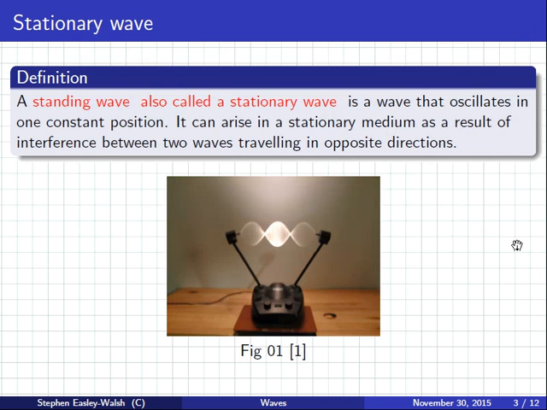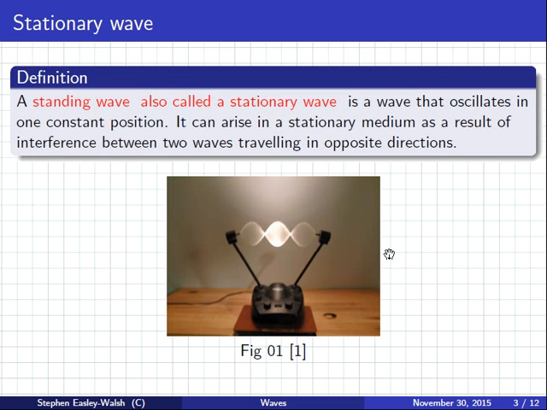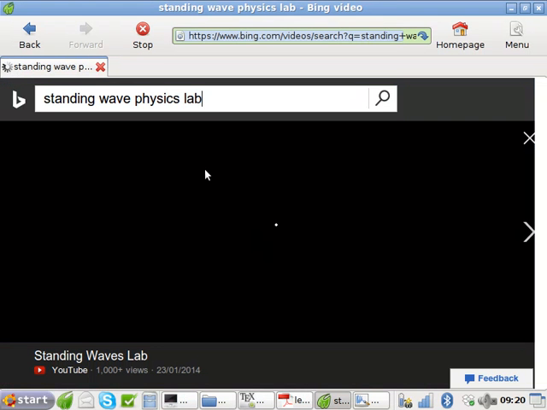Stationary waves have two main parts. What's called the node is the point in the standing wave where the wave has minimum amplitude. So if we go back to the picture, I don't think I have the video. No, I don't.